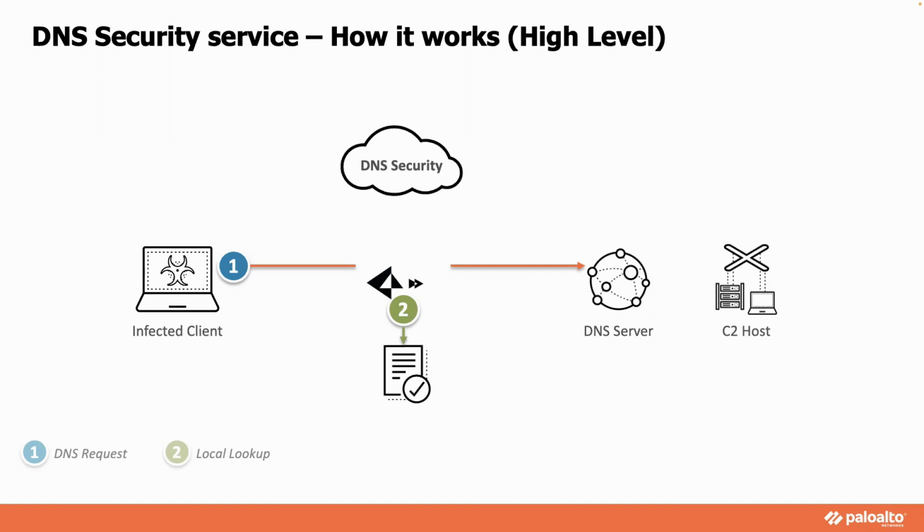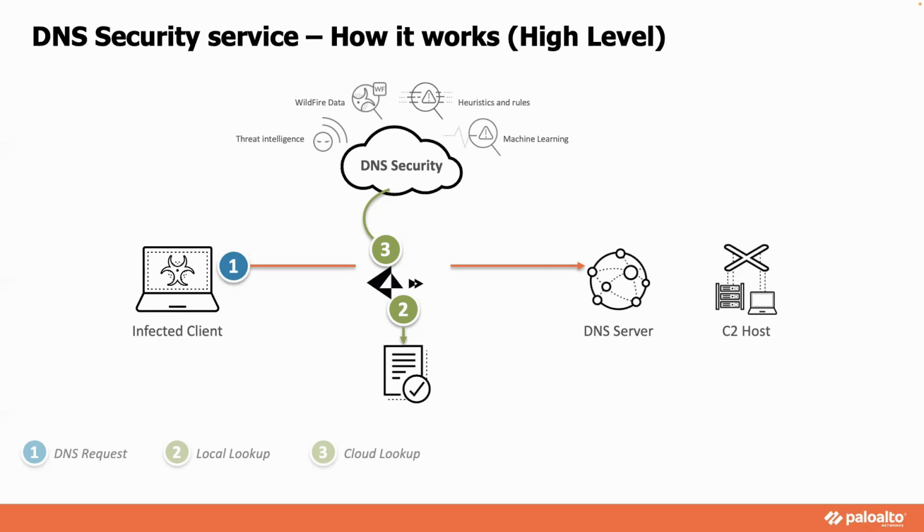Try to make an instant decision, or if not, we have the ability to do a cloud lookup, which leverages things like data we've gotten from WildFire, our threat intelligence information like we get from Unit 42, and that we get from our partners in the Cyber Threat Alliance. We partner with several other security vendors that you'd be familiar with, like Rapid7 and Check Point and all this sort of stuff. And we share threat intelligence with them and they share with us so we can keep each other informed.